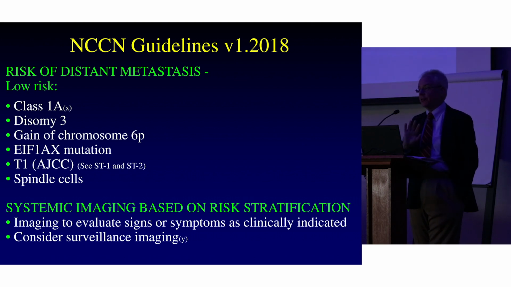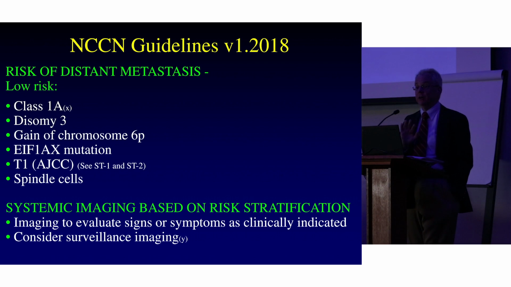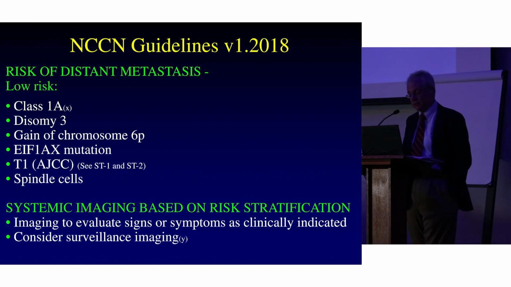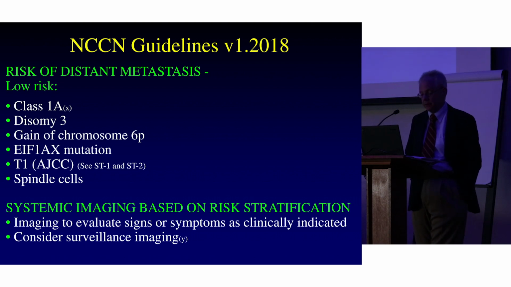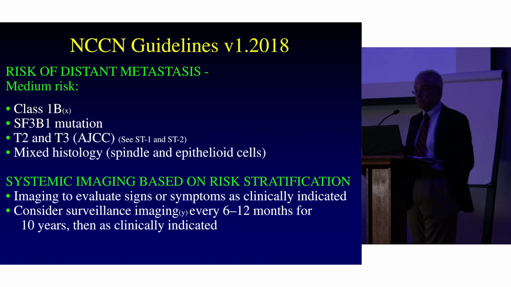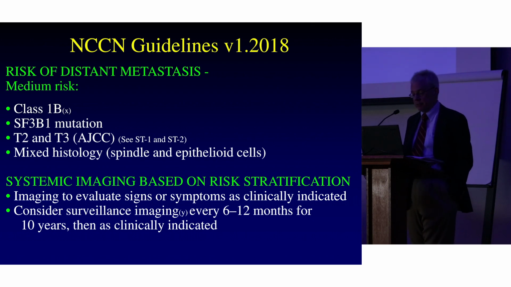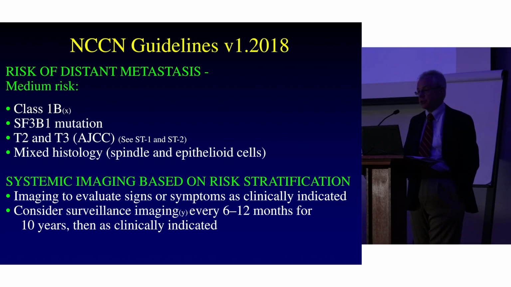But this is a consortium of 27 major cancer centers around the country. And they define low-risk patients, Castle Class A, Disomy 3, small primary eye tumors, and say, well, you may want to consider surveillance imaging. Patients with medium risk, Castle Class 1B, bigger-ish tumors of the eye, consider surveillance every 6 to 12 months for 10 years.